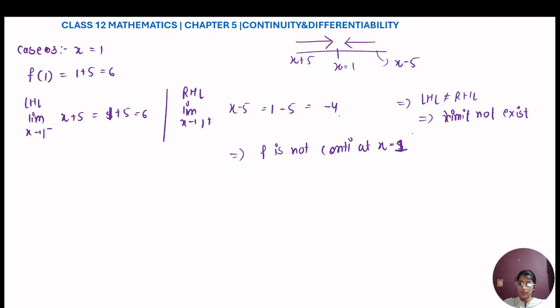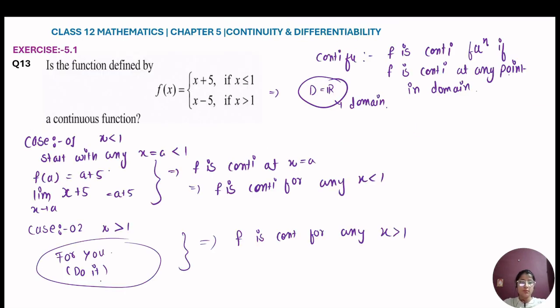Now what was the question? Our question is whether our function is a continuous function or not. From the definition, it is a continuous function when it is continuous at each and every point of its domain. But as you can see, f is not continuous in the whole domain. So what will be the conclusion?